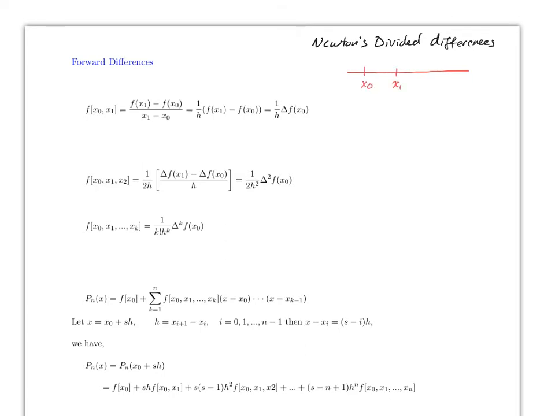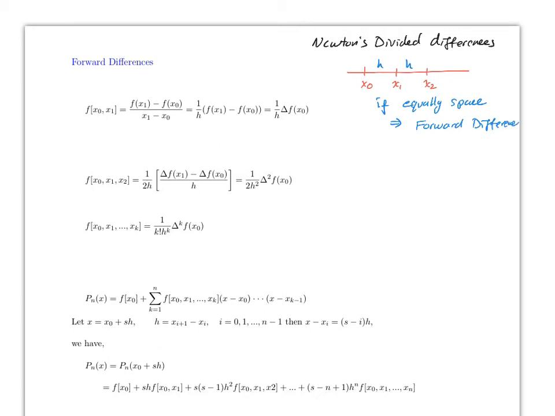And this is what I mean by equally spaced. Let's say the distance between each of them is equal to h. So if they are equally spaced, then the Newton's divided differences is going to be called forward difference.